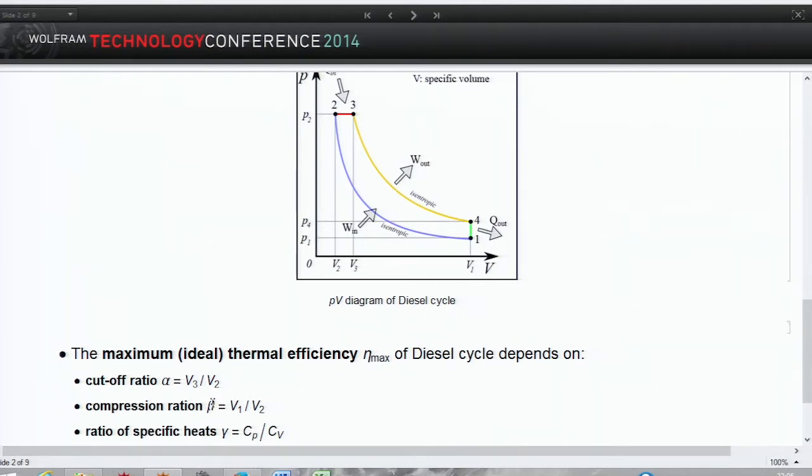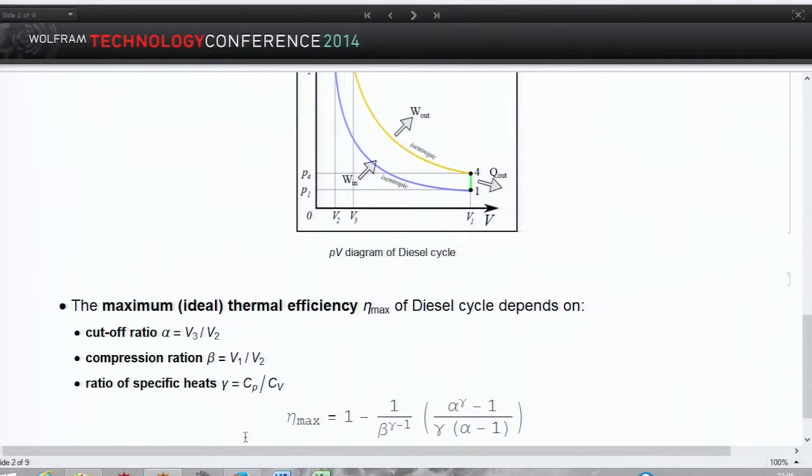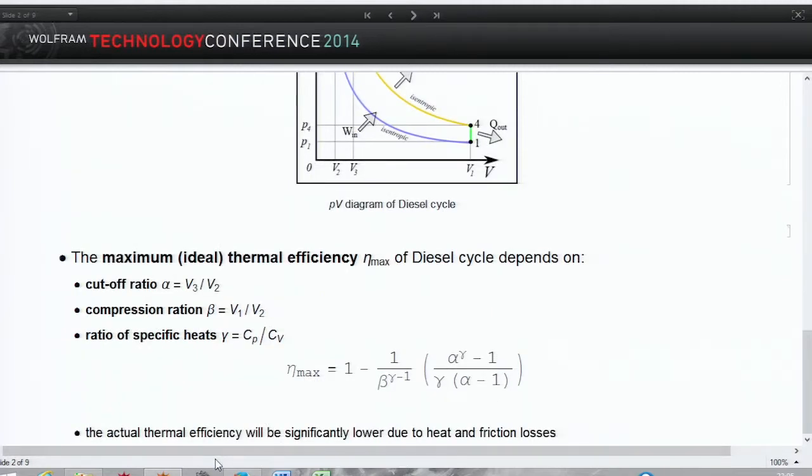It is marked as r. It is a ratio of volumes number 1 and 2, and then the ratio of specific heats, which is called the Poisson constant. So there is an equation of the ideal thermal efficiency of a diesel cycle. But of course, in practice, the real efficiency is significantly lower due to friction and heat losses.